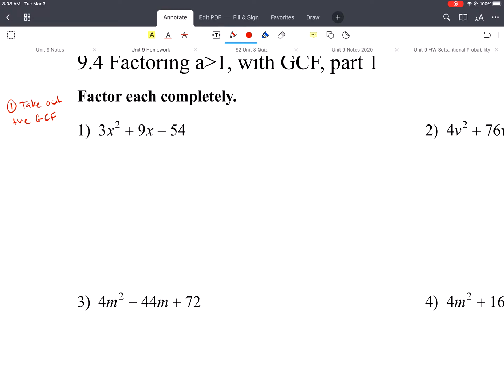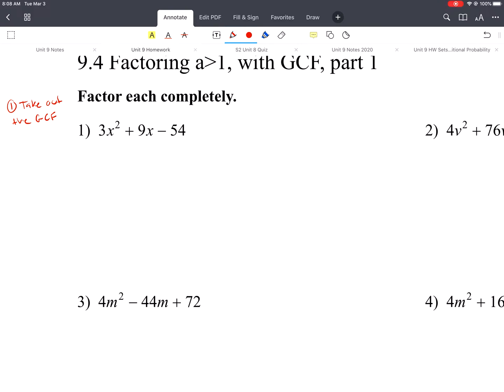So for example, if you did glasses right away, then you'd end up getting 3x squared times a negative 54, and that gives you like 162 or something like that. And then you'd need to come up with the factor pairs for 162, which you can do, it's manageable. But it's much easier if you take out the greatest common factor.